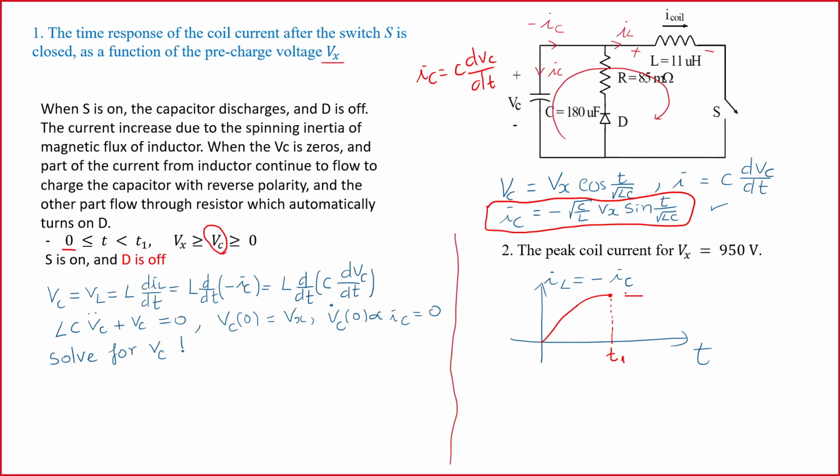So at this point, IL max equals square root of C over L times VH, with sine equal to 1. Okay, maximum.